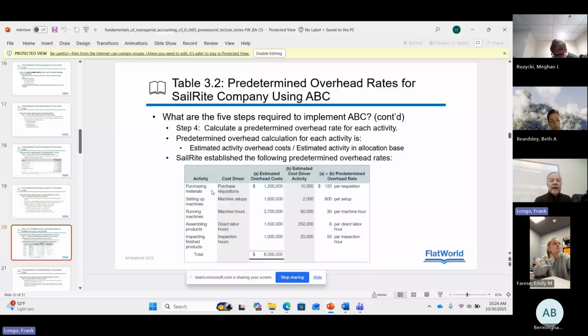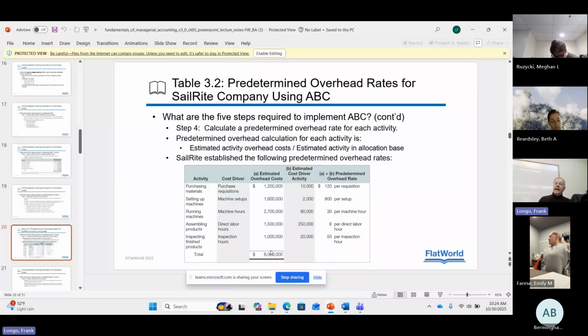And we've estimated the amount that gets associated with each activity. So for example, $1,200,000 was estimated to be the cost of purchasing materials. That can involve salaries for purchasers and whatever is necessary to purchase the materials. So we've estimated for each activity, the total cost, it's $8 million.